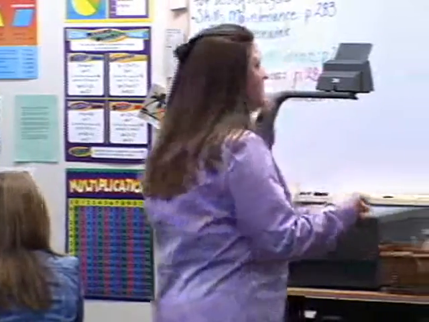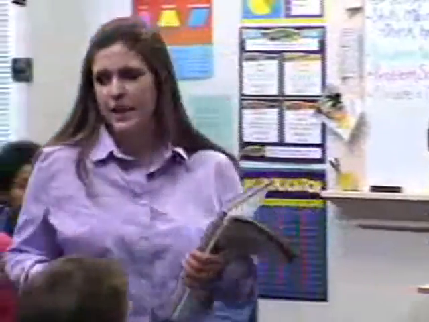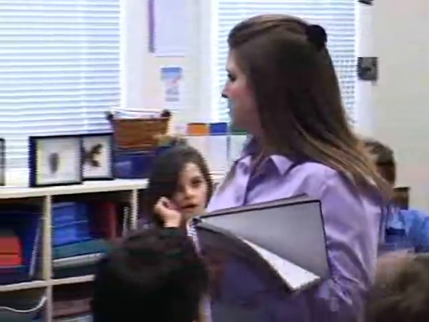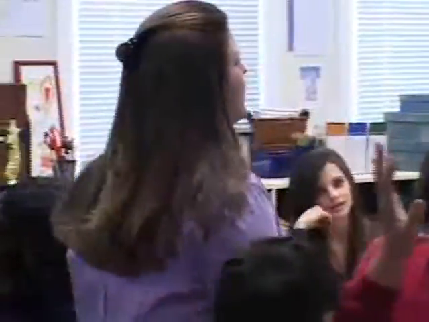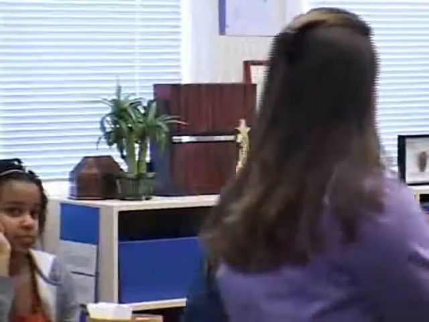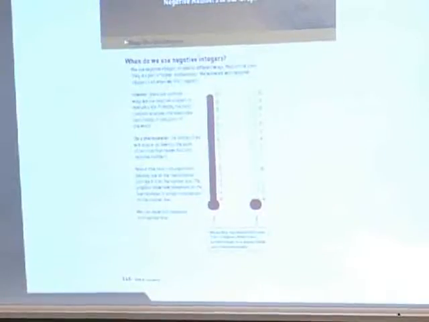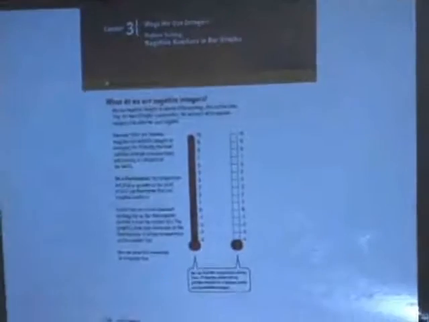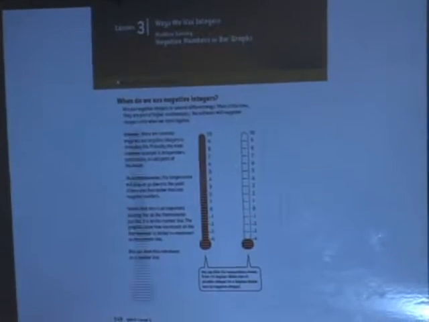Can you think of any other real life situation where we might see integers? Temperatures. That's right, temperatures. That's actually the first thing that we're going to look at today. Who's seen a thermometer? When we have temperature, everything above 0 is positive, okay?